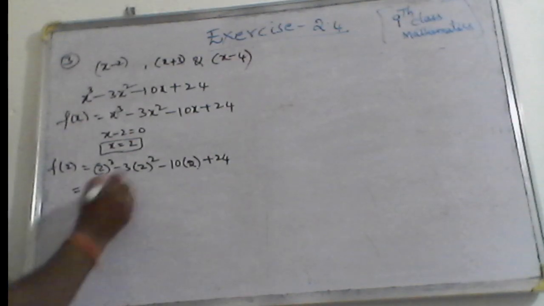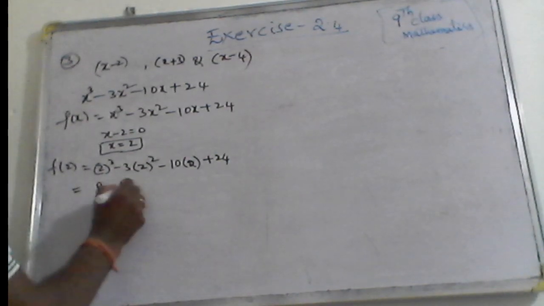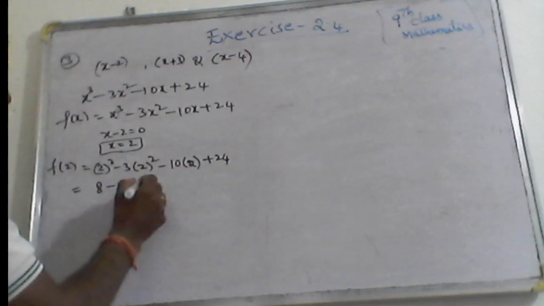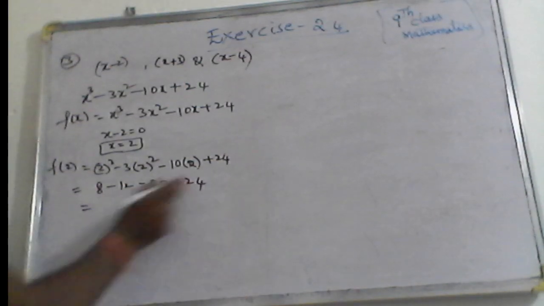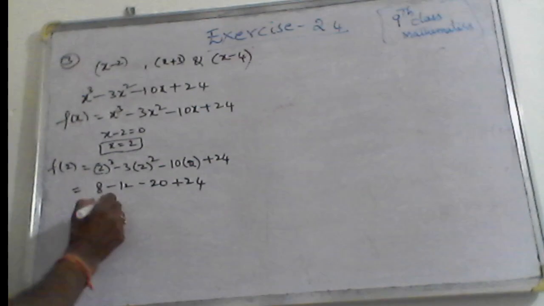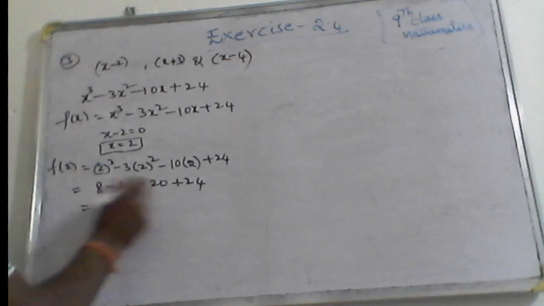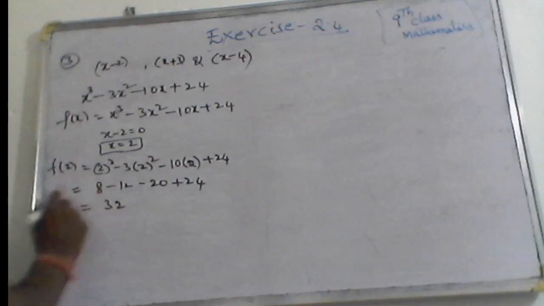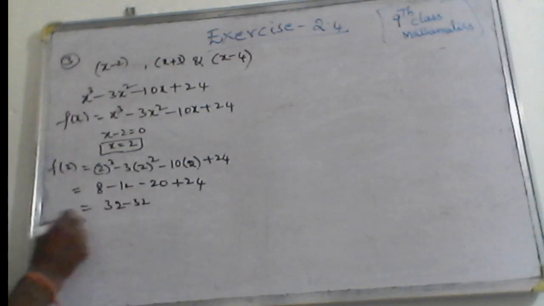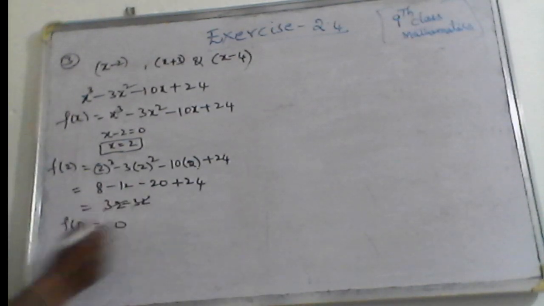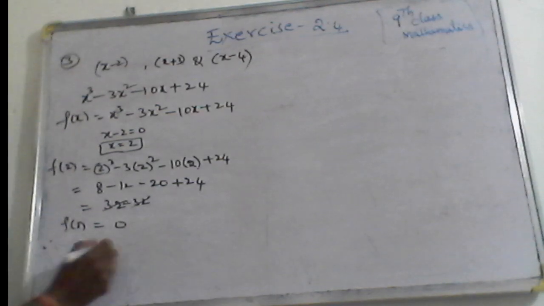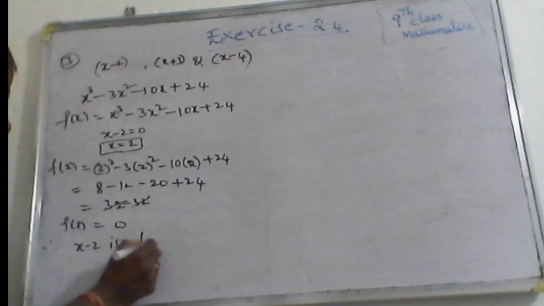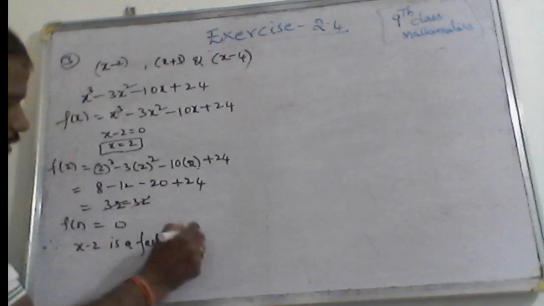So 2 cube is 8, 2 square is 4, 4 3s are 12, minus 2 into 10 is minus 20, plus 24. Here 24 plus 8 is 32, plus 20 minus 20, minus 12, minus 32. So f of 2 equal to 0. Therefore x minus 2 is a factor of the given polynomial.